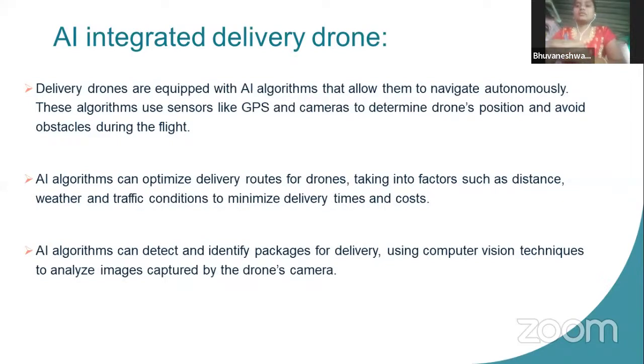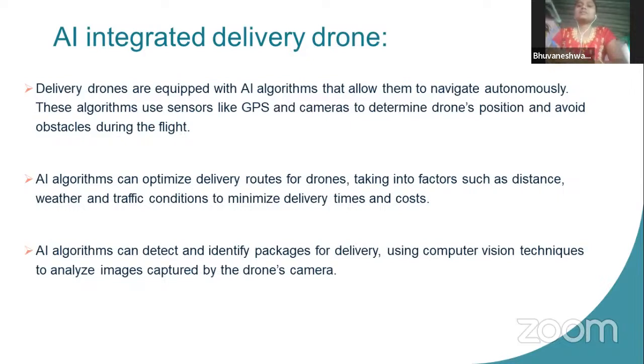They can be moved by using a remote system, and the AI algorithms use GPS and cameras to determine the location and position of the drone, which helps them avoid obstacles and move in less traffic areas.